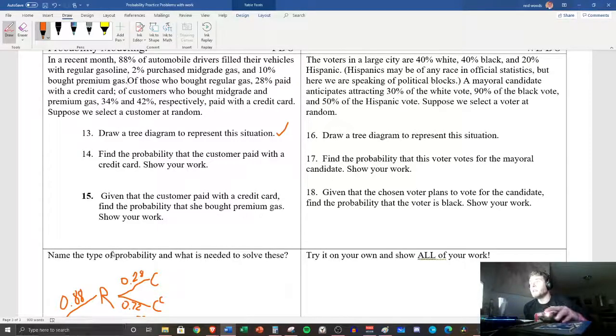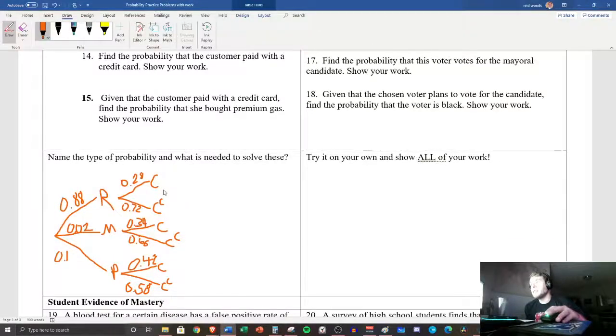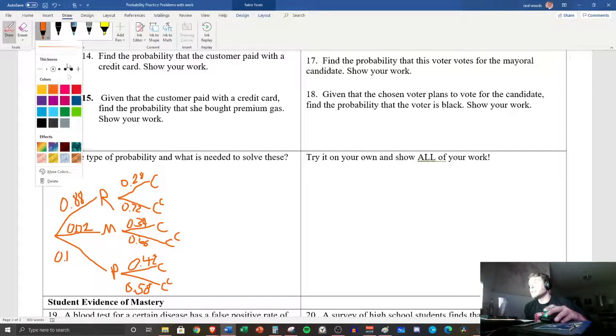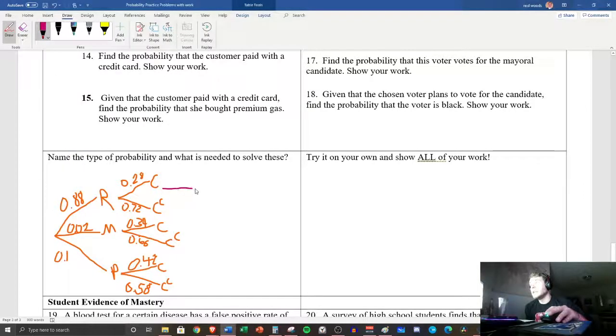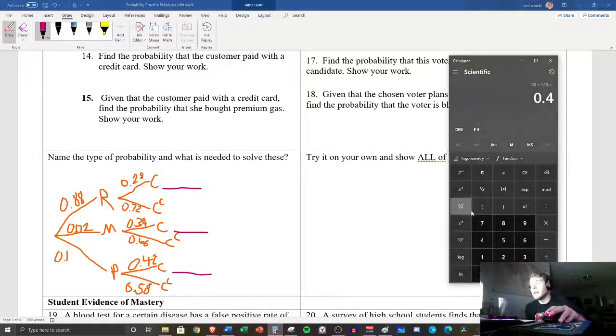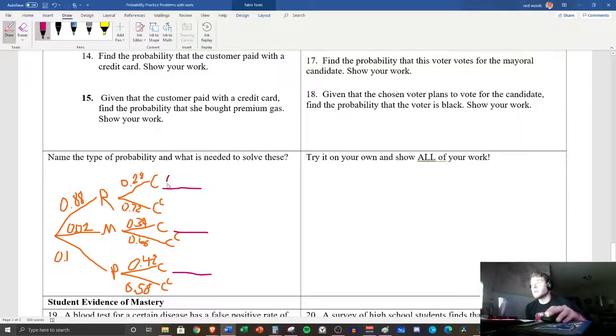Next, find the probability the customer paid with a credit card. So that means everywhere that there is a C, so here, here, and here, I need to add all those together. We start by doing the multiplication. That's 0.2464, and I want to write out all those.